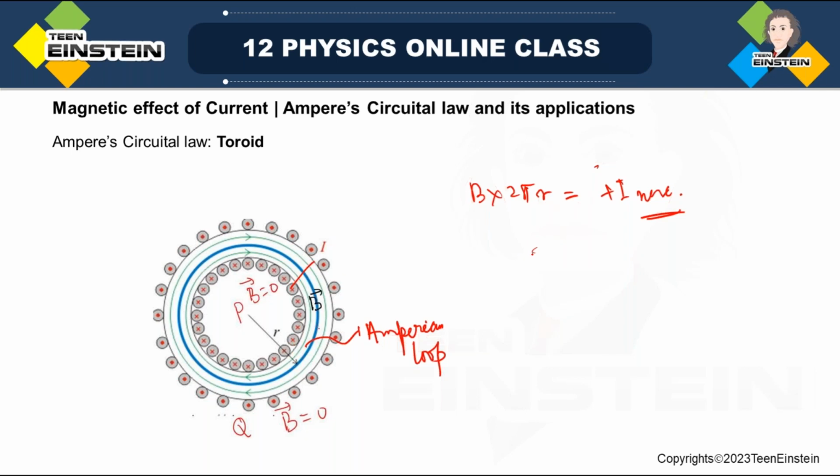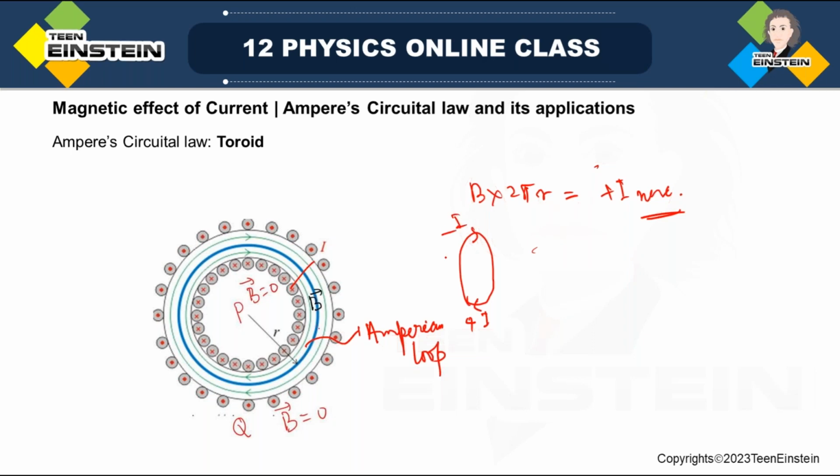If I have a solenoid like this, in this case the current enclosed is this much, this is positive current, because each ring, going like this, has a direction change at this position. Here it is going into the plane of the paper, and this is coming out of the plane of the paper. So this is plus, and this is minus.